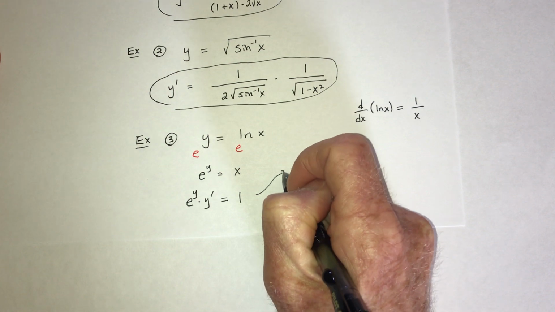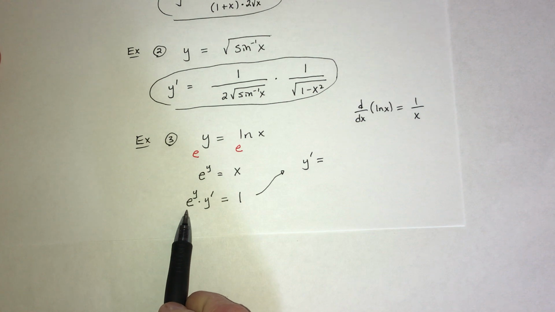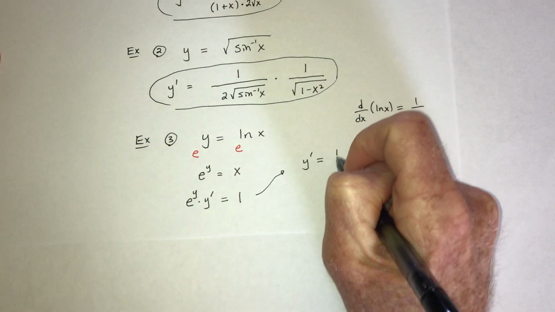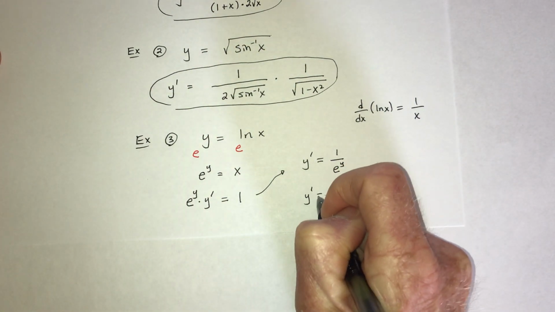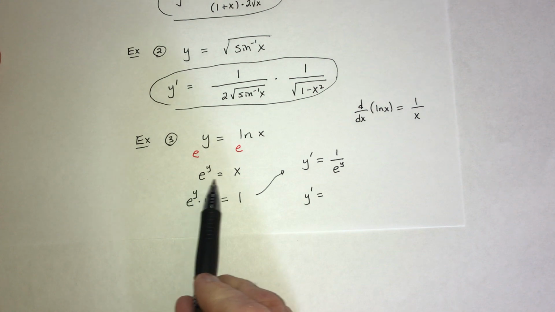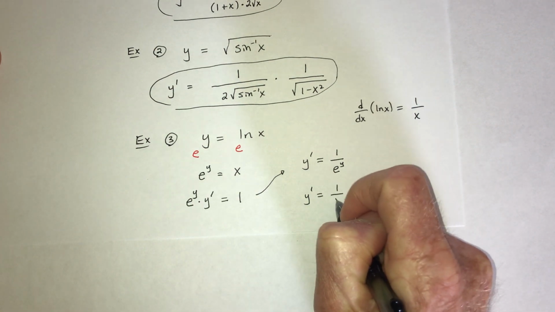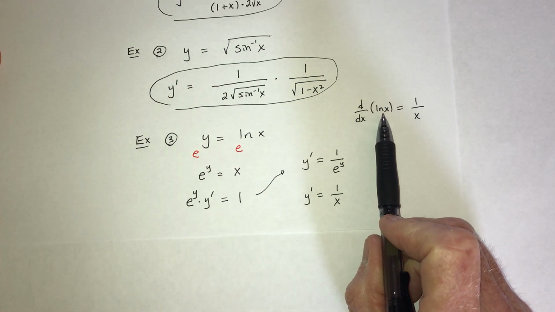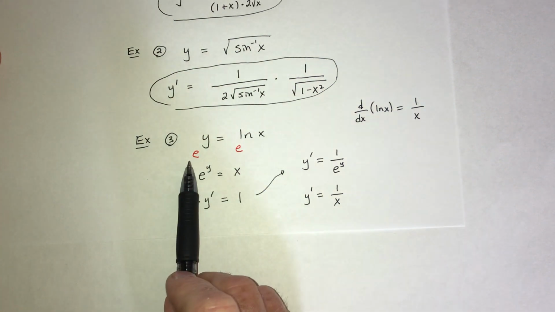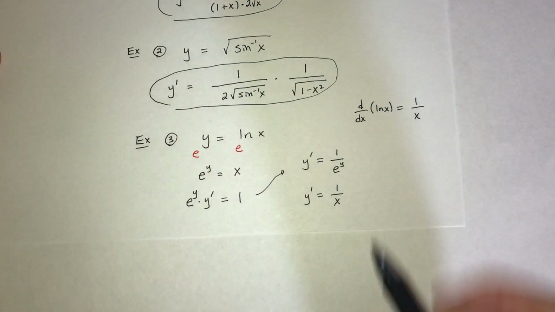So then, solving for y prime, just divide both sides by e to the y. So it's going to be 1 divided by e to the y. And then if you look right here, e to the y is equal to x. So this e to the y can be replaced with x, so it's 1 over x. So like I said, it's easier and faster to memorize this one. The derivative for natural log of x is 1 over x. Otherwise, you could do 1, 2, 3, 4, 5 steps every time you come across natural log.